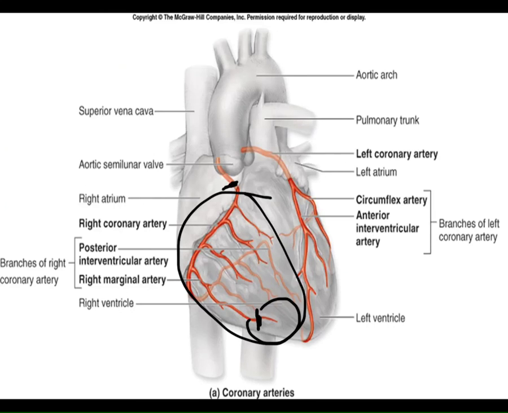So based upon what you know right now, if you could choose your heart attack, which one would you choose? Which chamber would you choose to have damage to? Lower ventricles. So notice there isn't a whole lot of blood flow going to the atria anyway, right?